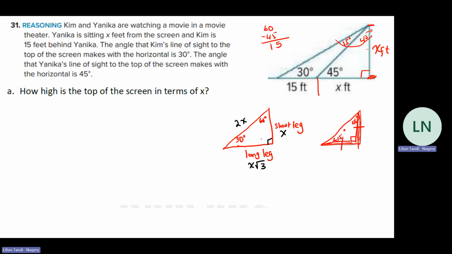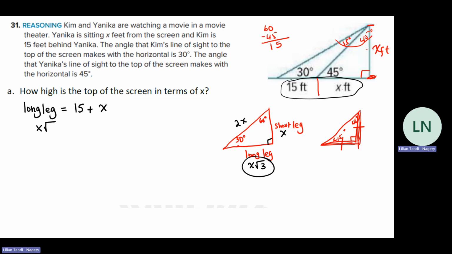Now, what do I know? I know that the long leg is X square root 3, and it is also 15 plus X feet. So I will write here, long leg equals 15 plus X. Long leg is also X square root 3.